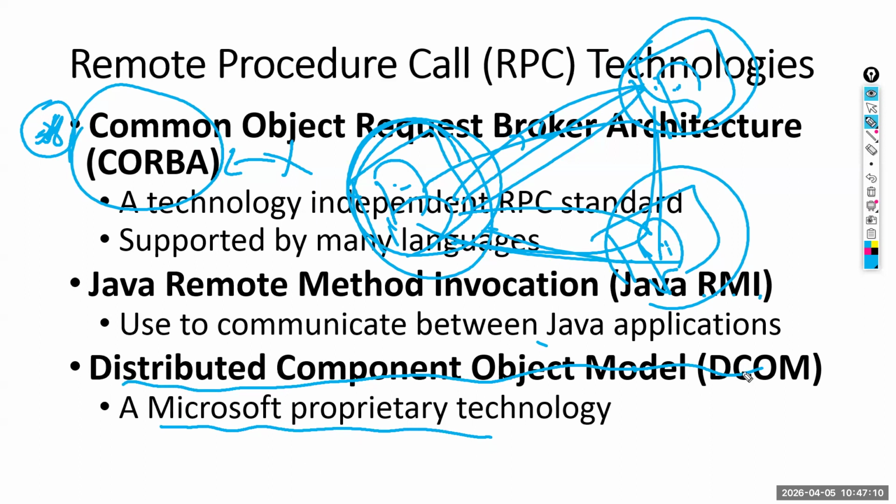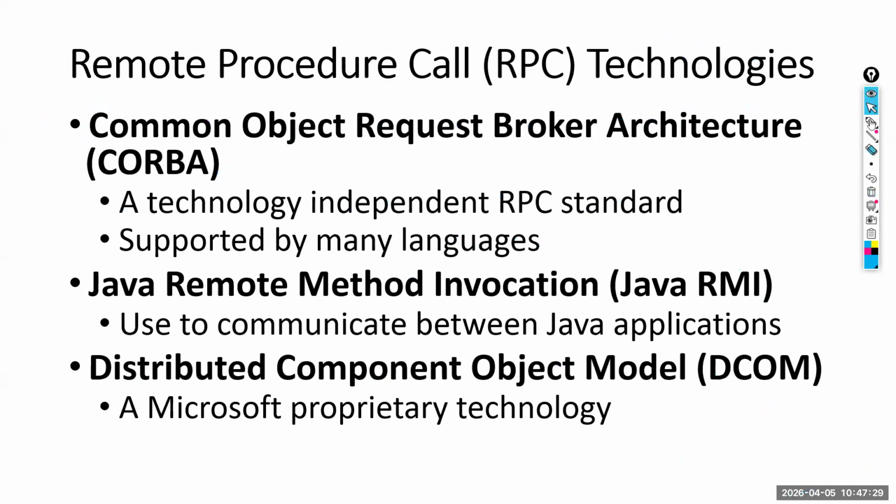The bad news is it's within Microsoft technologies, just like Java RMI. Right. So CORBA, Java RMI, DCOM. CORBA is a general technology. Java RMI and DCOM are technology-specific technologies.